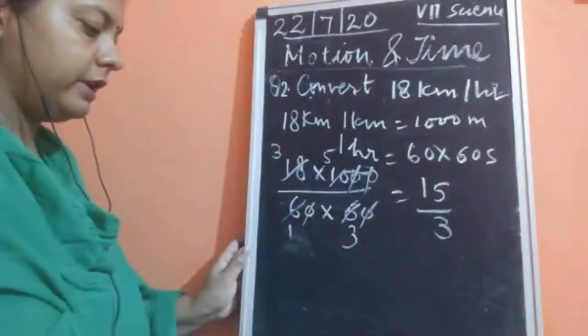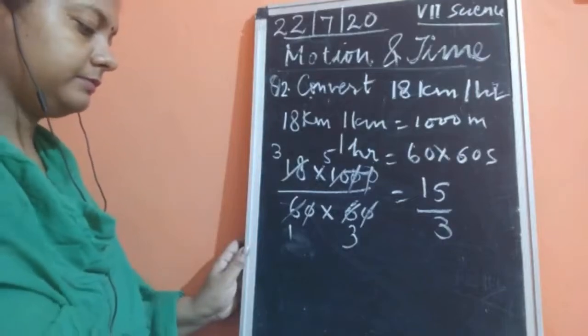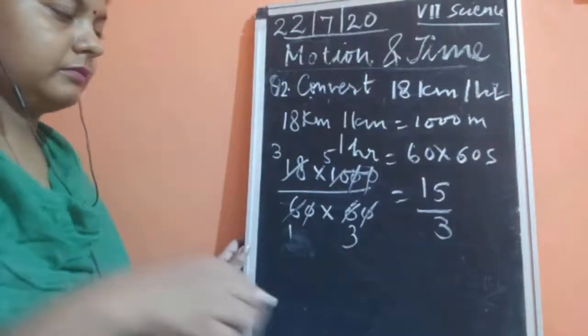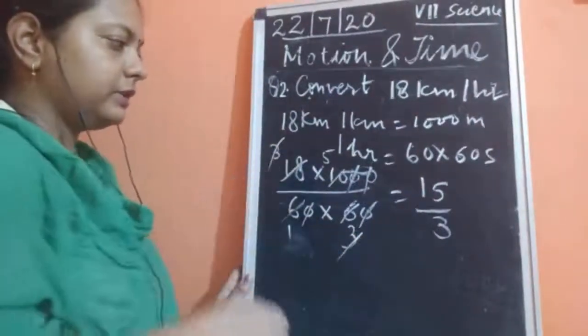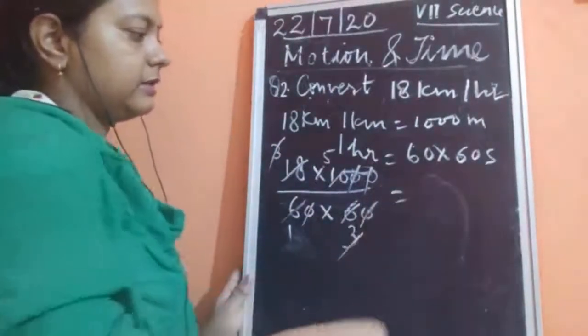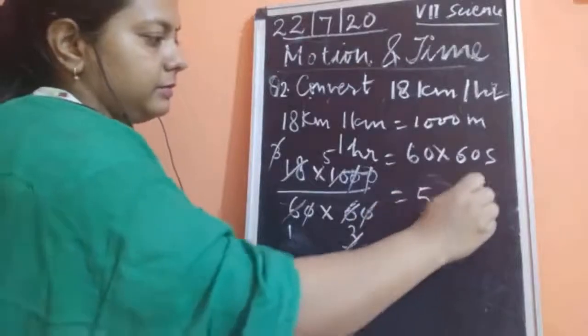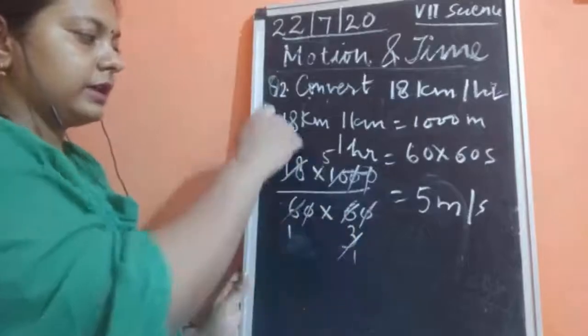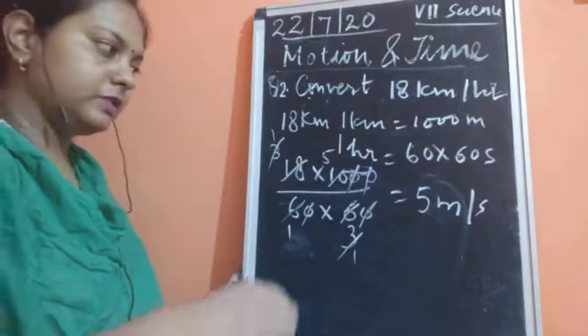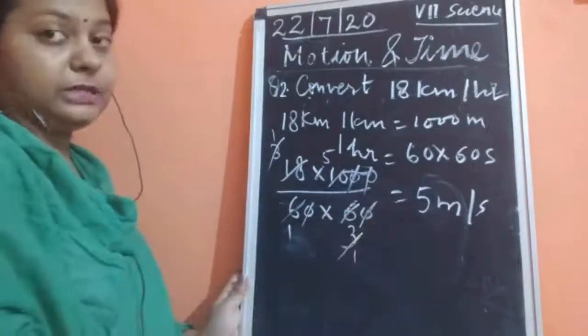Okay, 15 by 3. Yes, so here we can cut this 3 also, so we'll get 5 meter per second. We can cancel this also. 1 3 ones are 3, 3 ones are 3. So we'll get 5 into 5 meter per second.